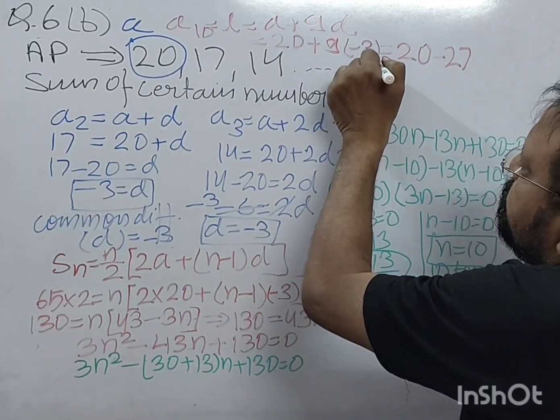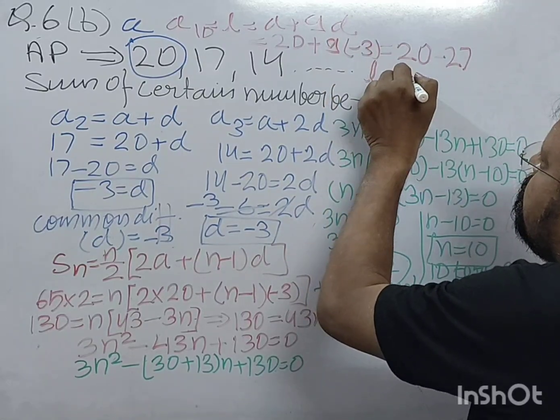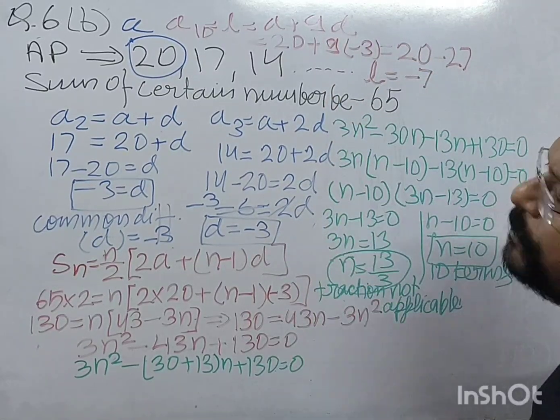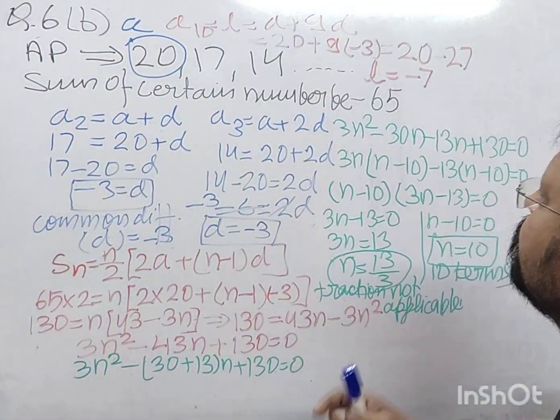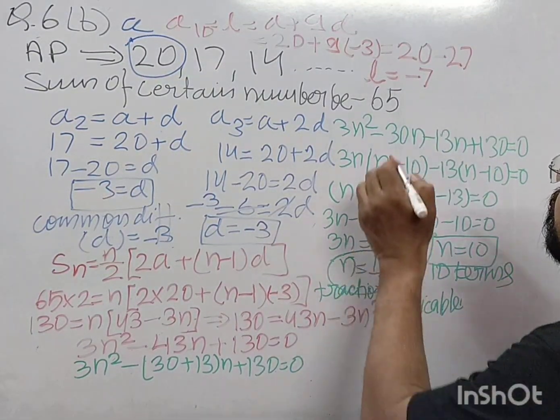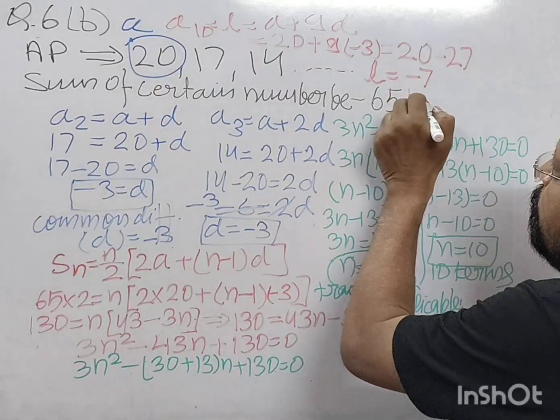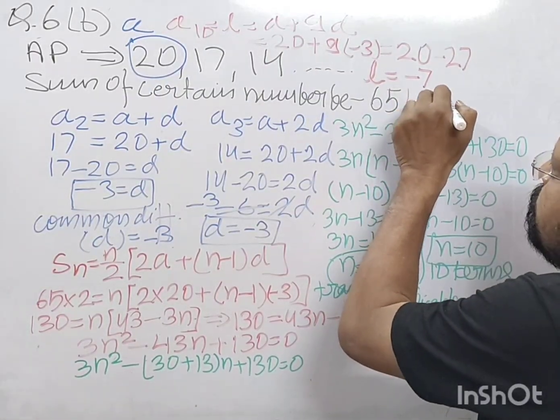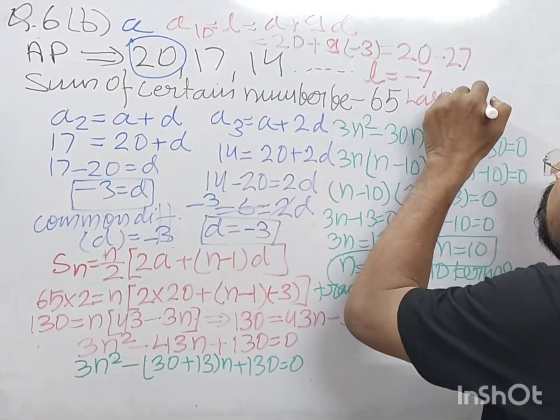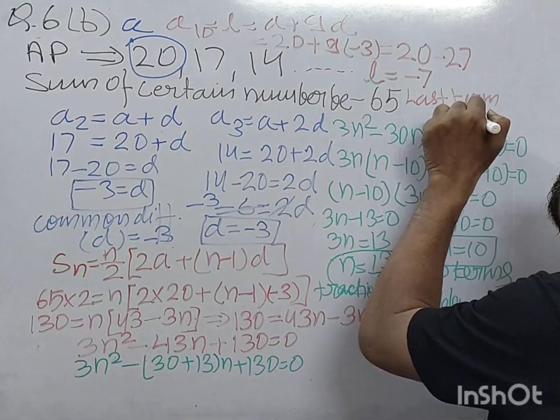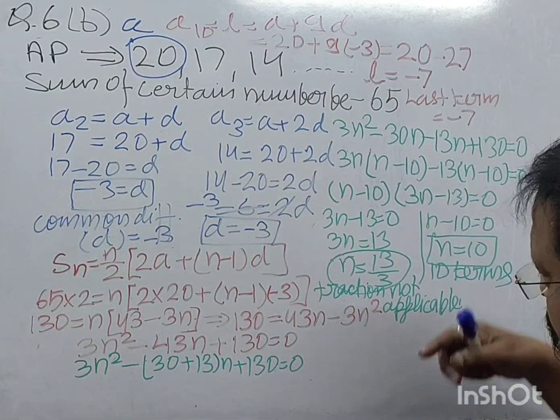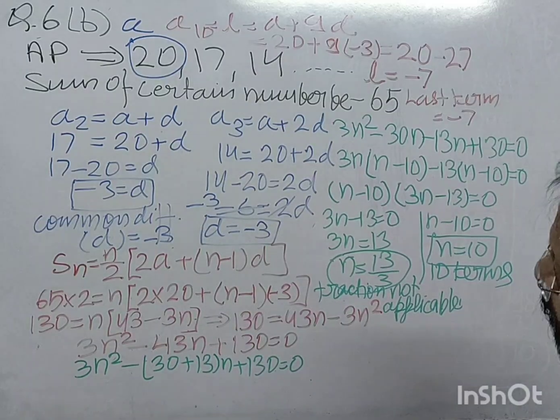So last term is minus 7. You get this? So last term is equal to minus 7. So you get both the answers, you get?